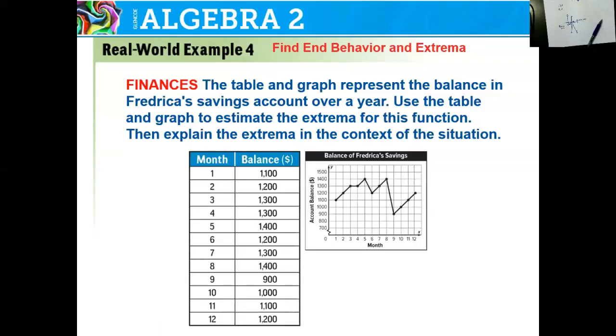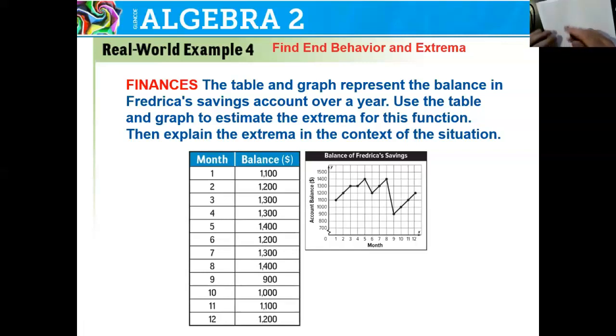Then we decrease to month 6 where we're at 1200, but then we begin to increase again to month 7. So we have back-to-back extrema points. On the table, we go from 5, 1400 to 6, 1200 to 7, 1300. That's a relative minimum at month 6.